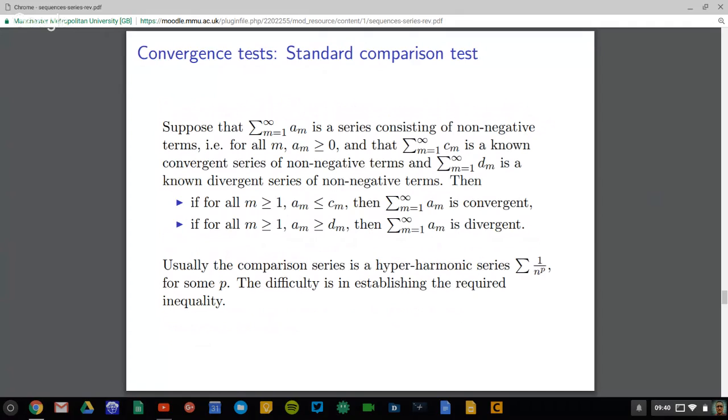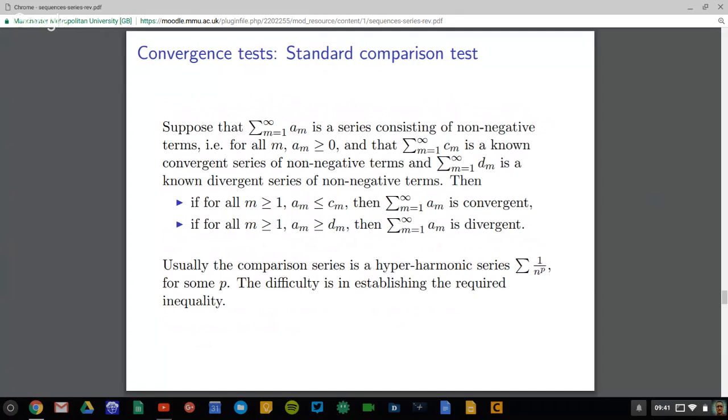I've used two series, c_n and d_n, as the comparison series, the ones you're comparing to. The c one is a convergent one and the d one is a divergent one. So you can either say your series is going to be convergent, or it might say it's going to be divergent. It depends on what kind of inequality you're able to establish.